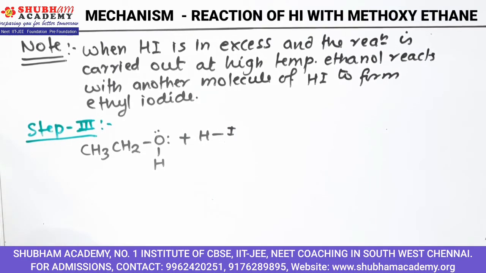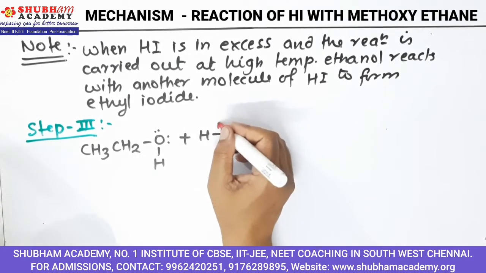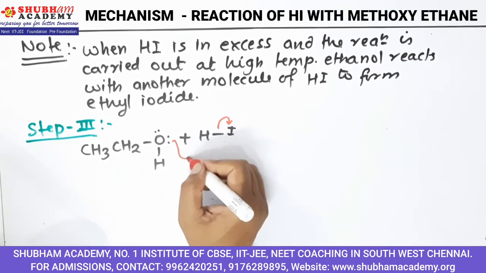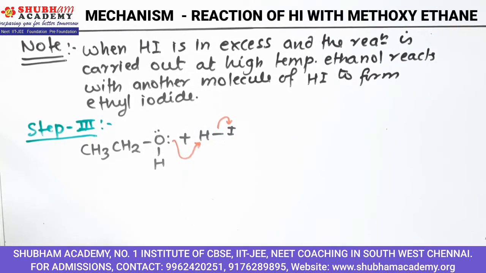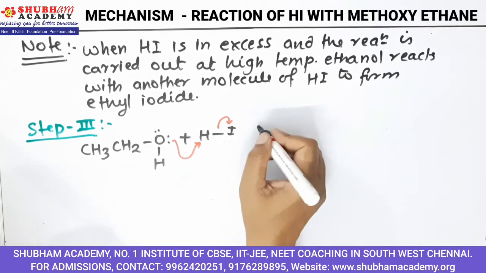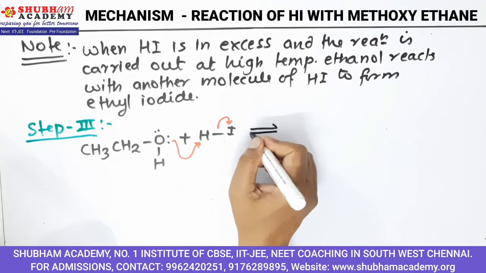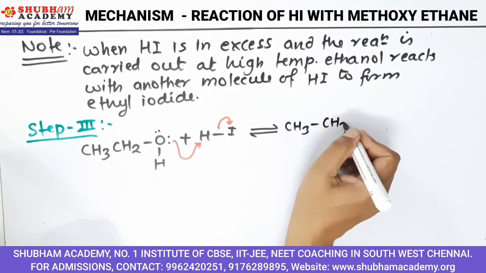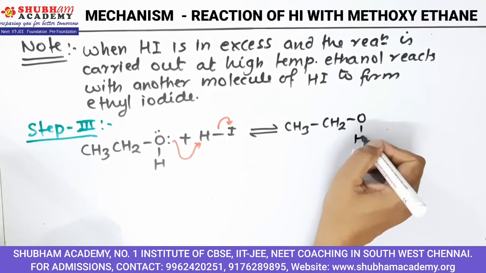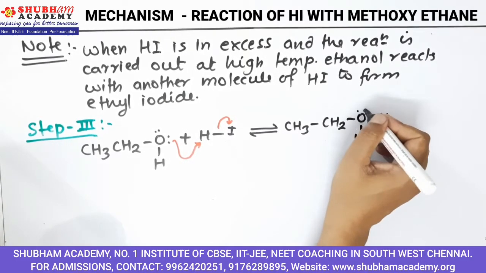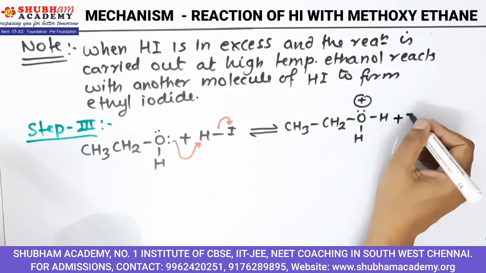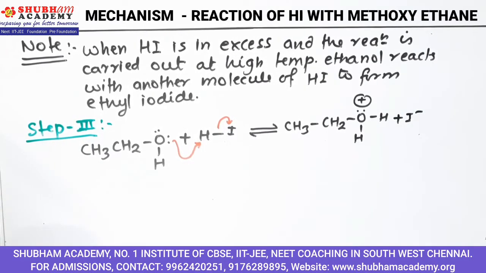This bond will break in the direction of I, you will get H+, this H+ will be pulled by this lone pair and as a result you get CH3CH2OH, H positive, right, and I-, okay, right.